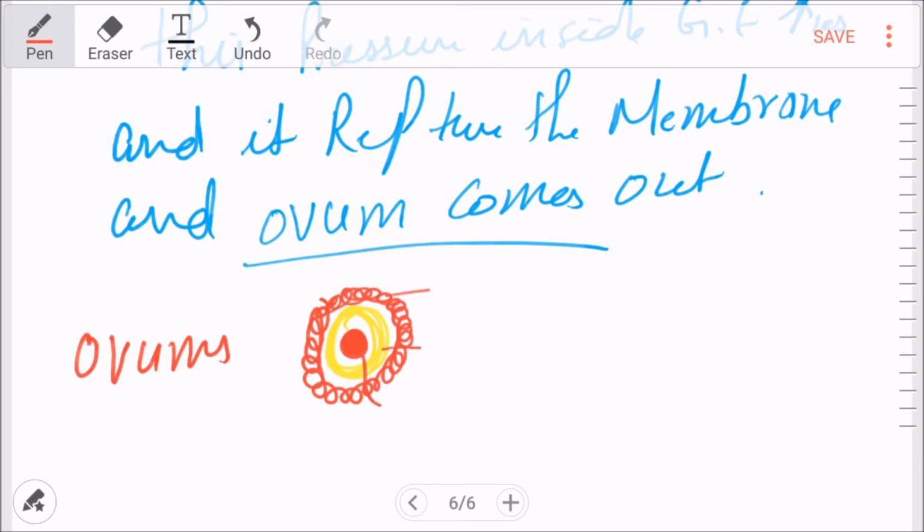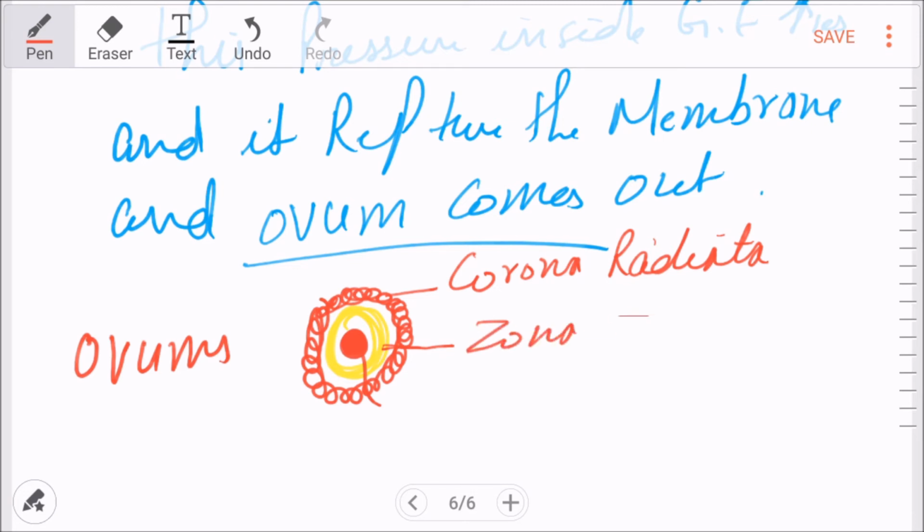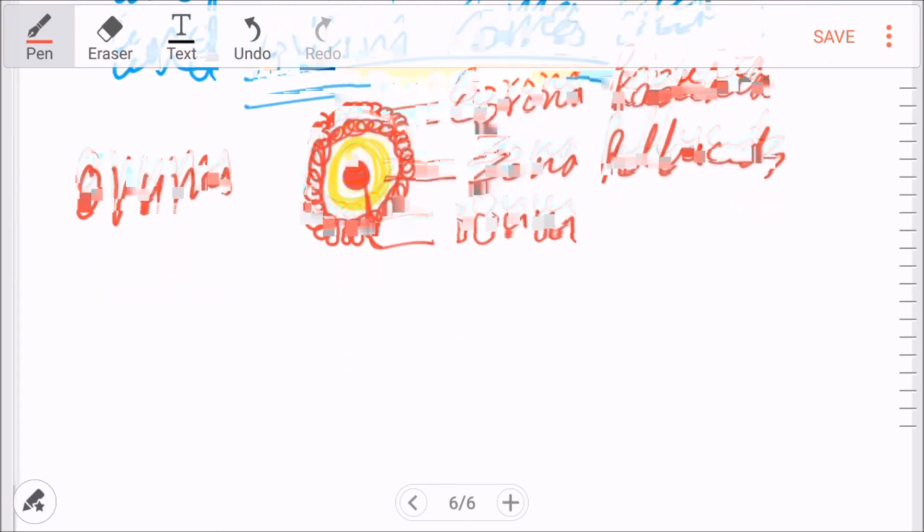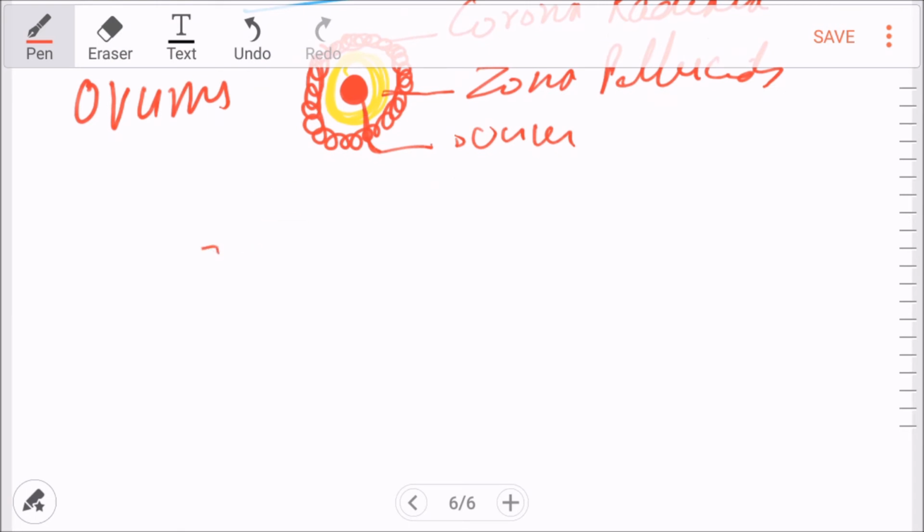This outer layer is known as corona radiata, and this is zona pellucida, and this is the ovum, and it leaves behind the Graafian follicle.